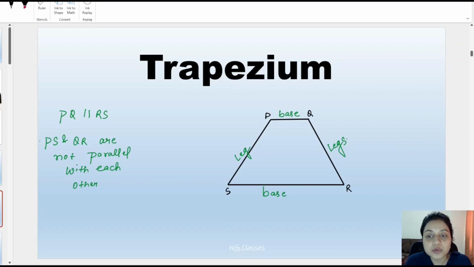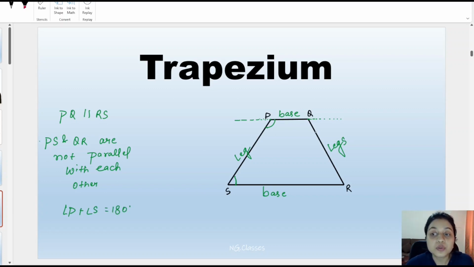Now since PQ is parallel to SR, if we extend the line PQ, we will see that PS works as a transversal in between parallel lines PQ and SR. So here we can say angle P plus angle S is equal to 180 degrees because they are interior angles on the same side of the transversal.